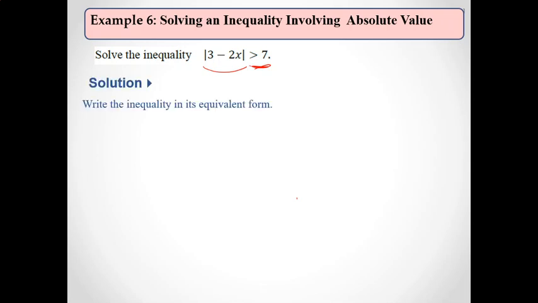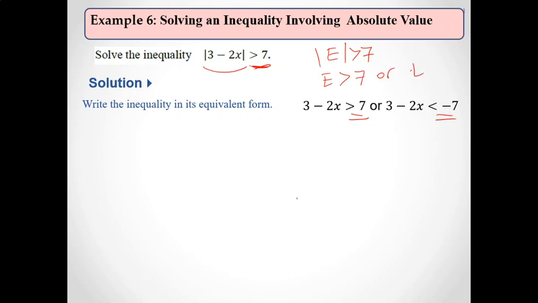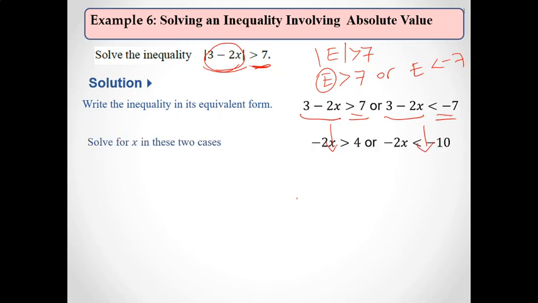Okay, let's follow the solution here. So it has to be bigger than 7 or less than minus 7, as I told you. Use E bigger than 7 or E less than minus 7. So this E is 3 minus 2x. And solve it. When you solve it, you get these two inequalities.